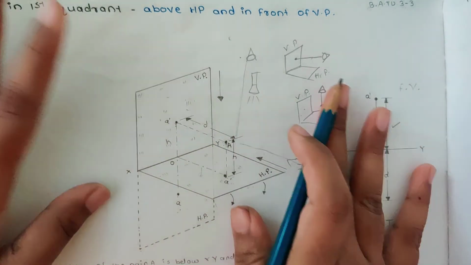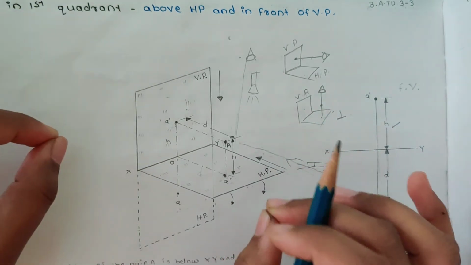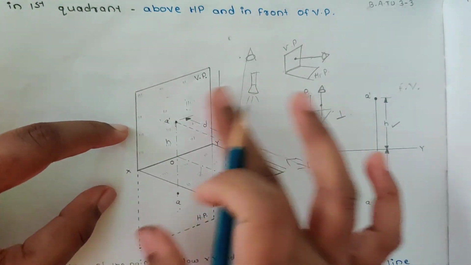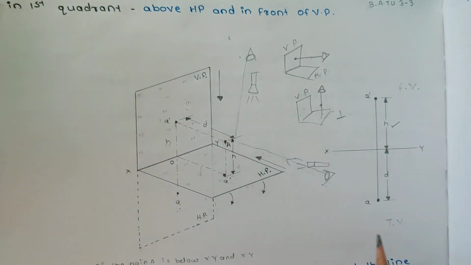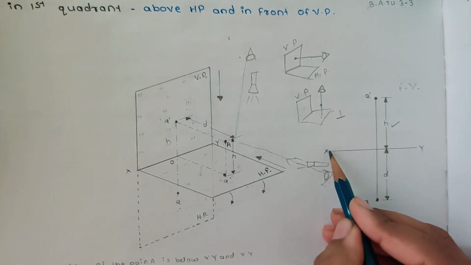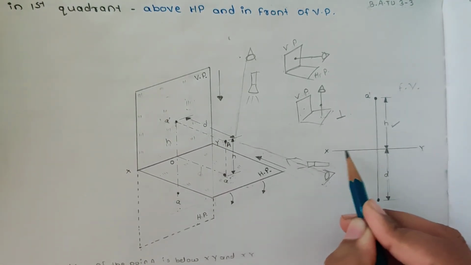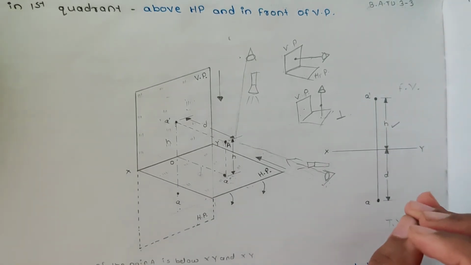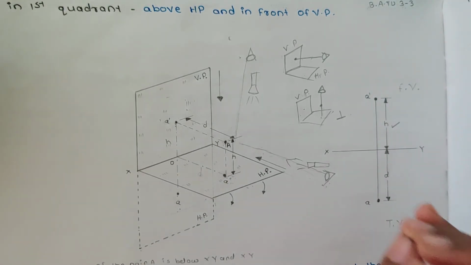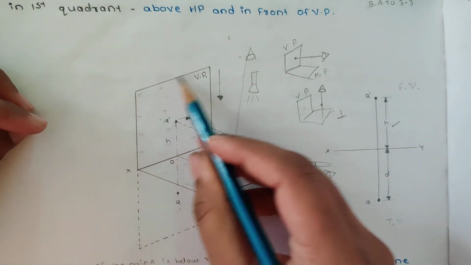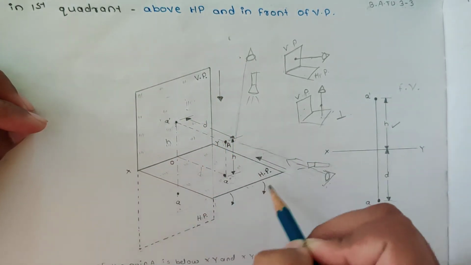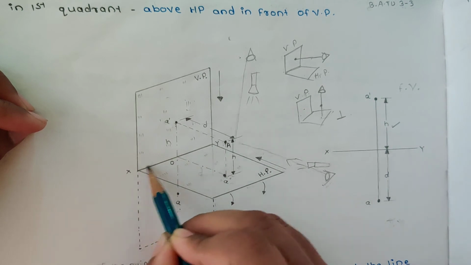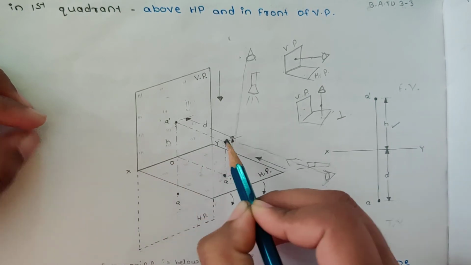So the first step to draw the 2D of this situation is to draw a thin horizontal XY line to represent the line of intersection of HP and VP. See, the intersection of VP and HP is this one. This is the XY line.